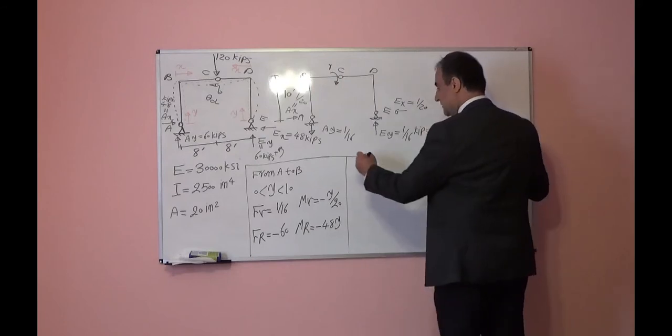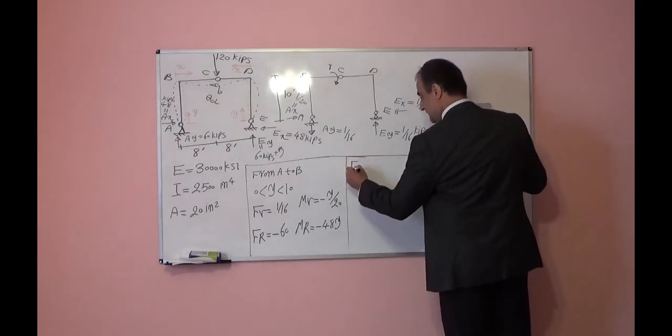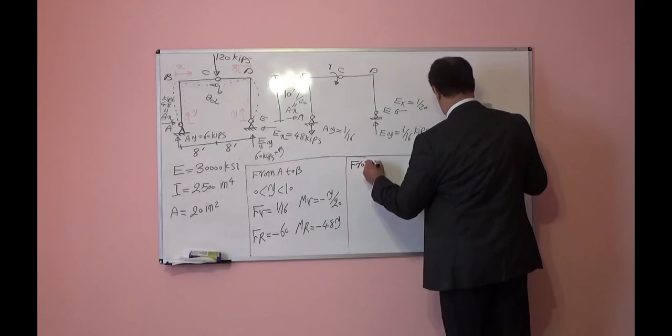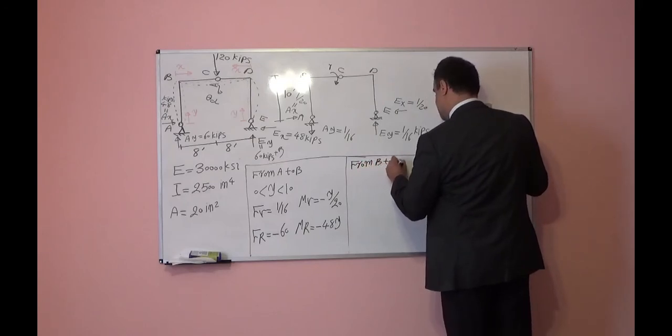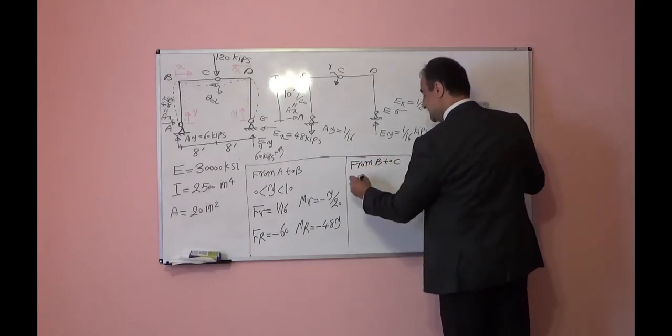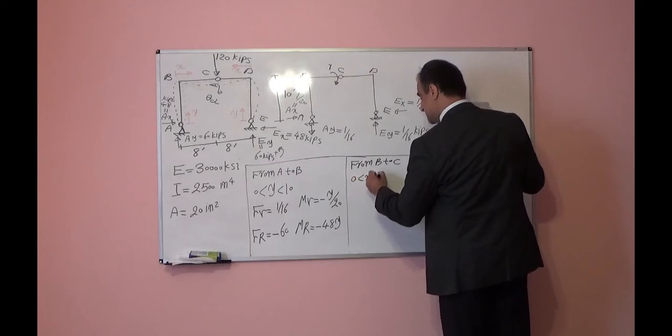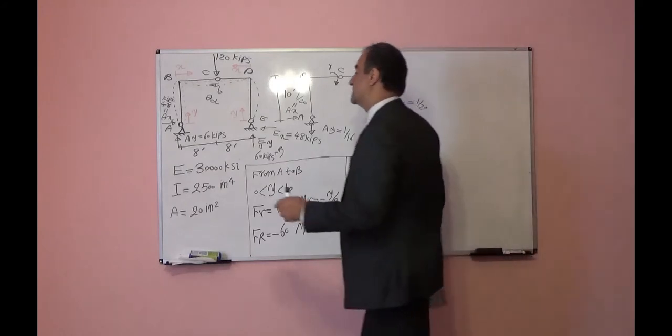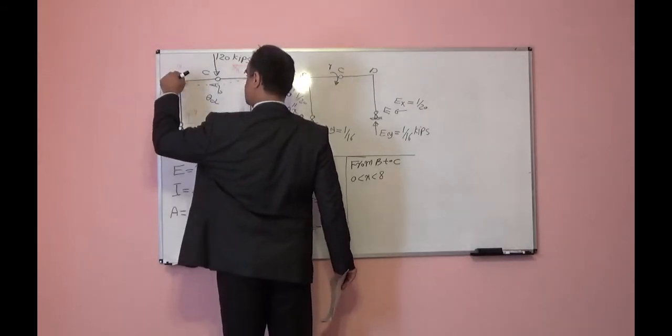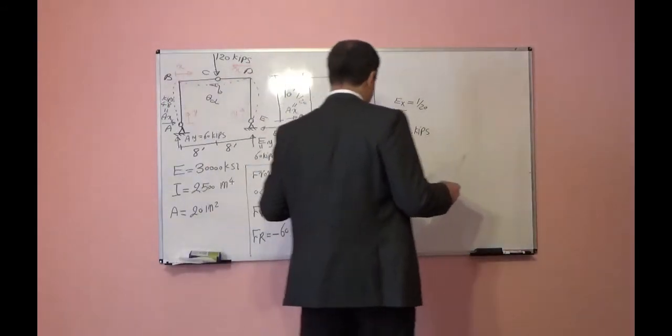Let's look at from B to C. From B to C, X varies from 0 to 8, because I measure X from here, X varies from 0 to 8.